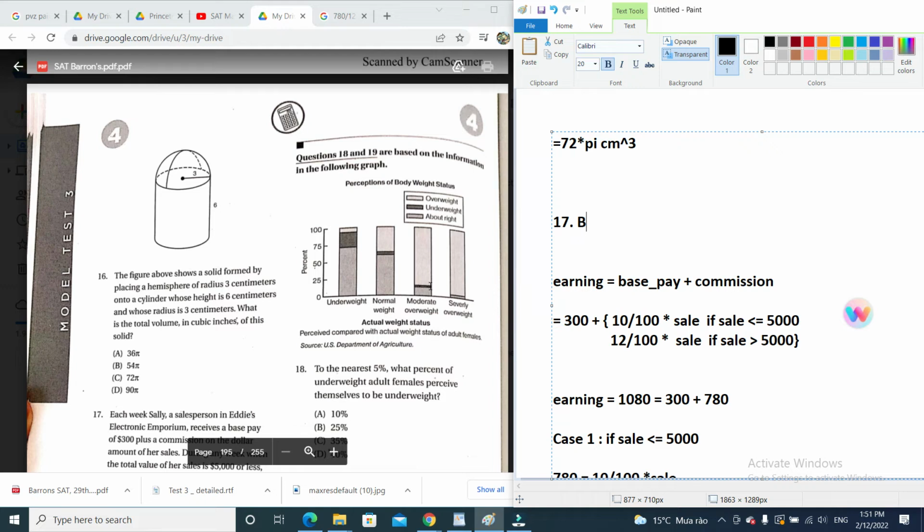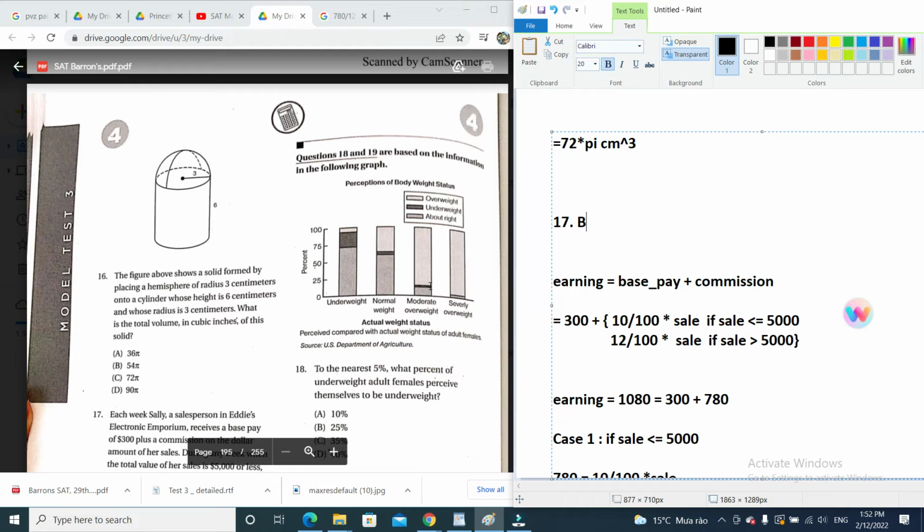Our job, with this statistic, is to compare the perception with the actual weight status. So we're gonna see how many percent of people in each weight class correctly perceive, or recognize, their weight class.